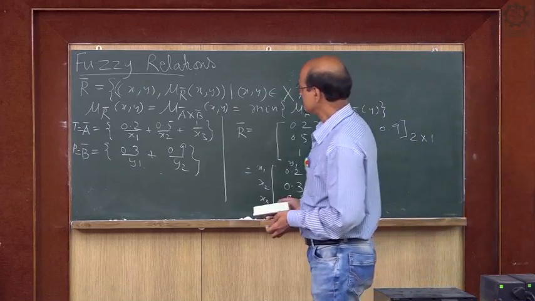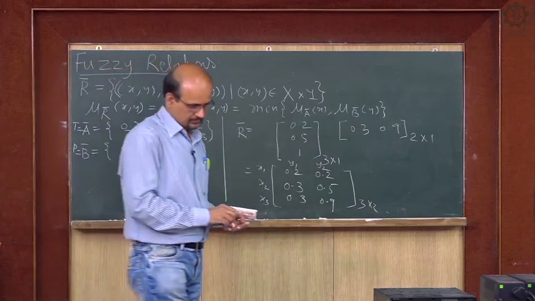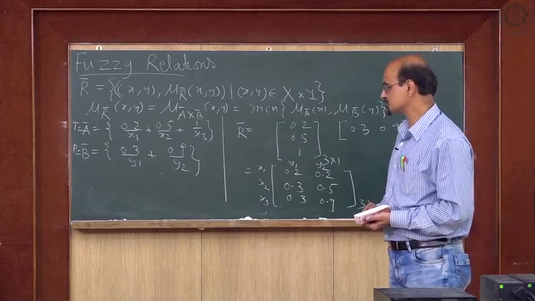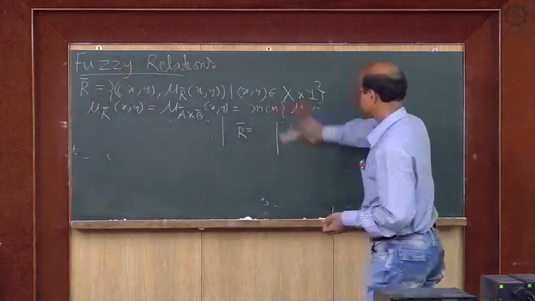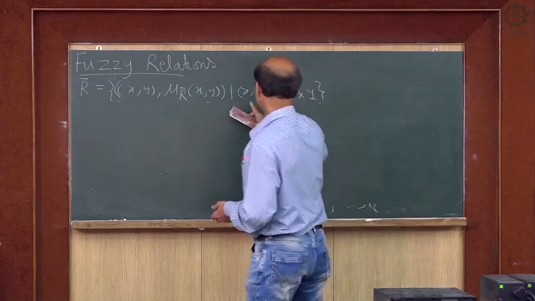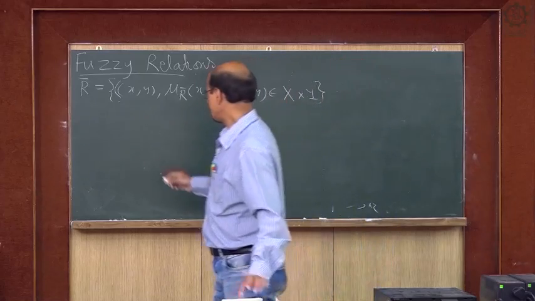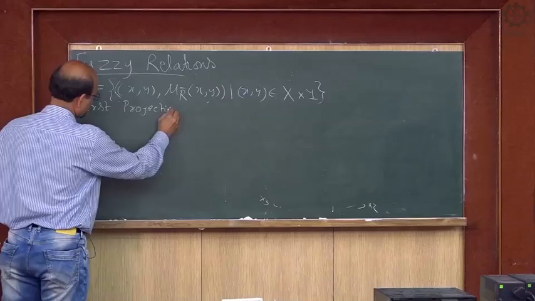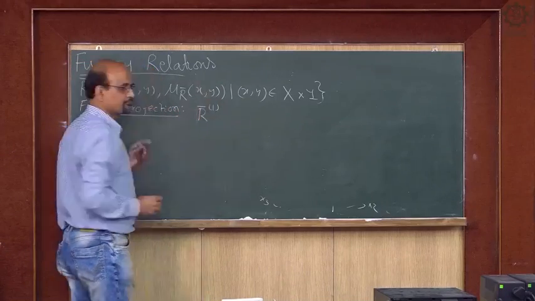Now, with this, I will define three definitions: first projection, second projection and total projection. Remember, we had defined a relation from product space x to product space y. Now, we define the first projection, and we denote this by R bar 1.